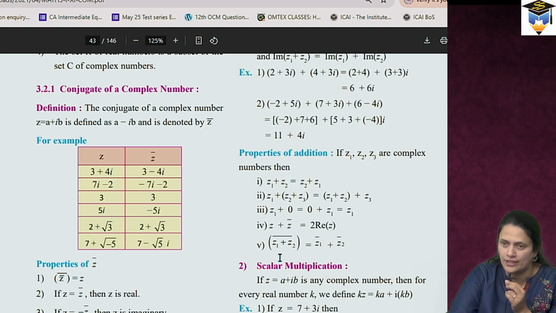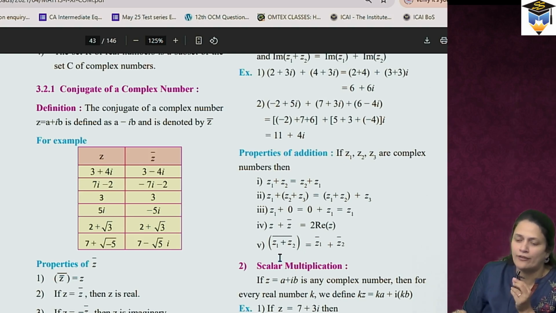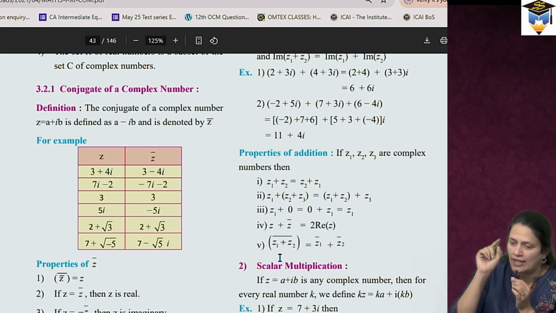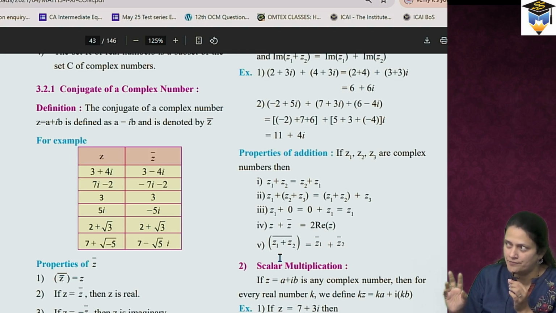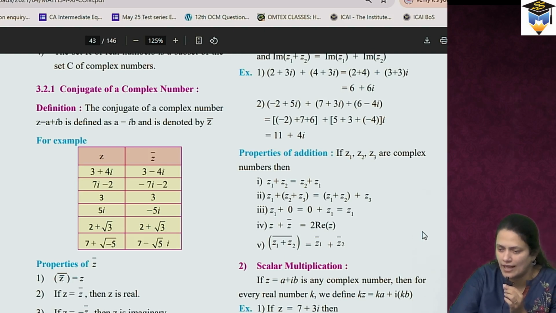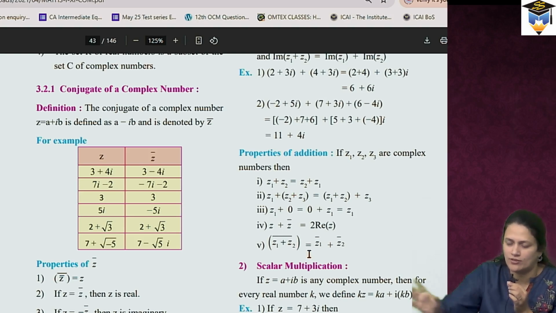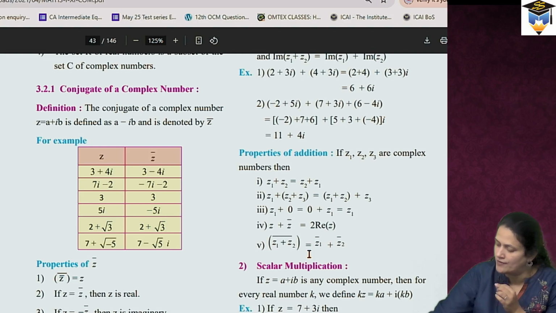First write down the properties, then I'll tell you what example to write for each one. So write down the first property, Z1 plus Z2 is equal to Z2 plus Z1. That is easier, so write down all the properties of addition.